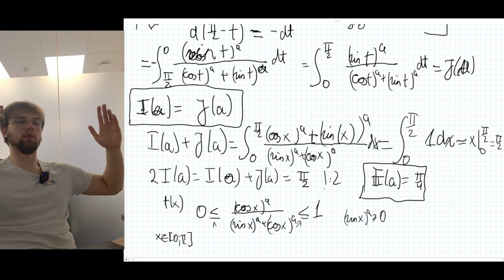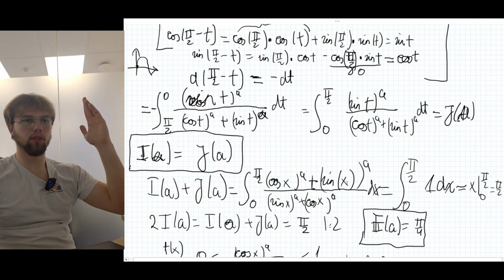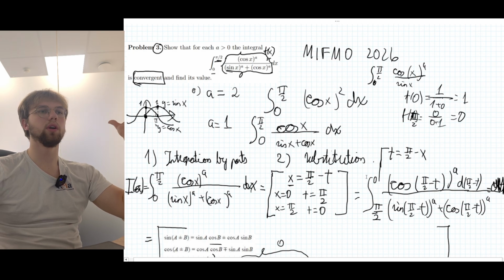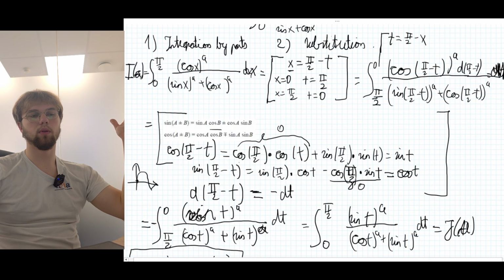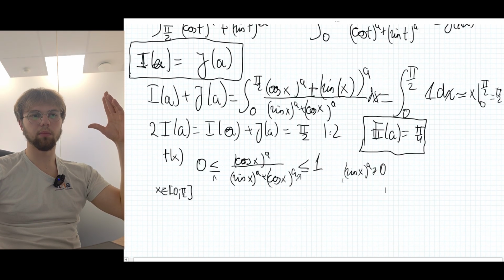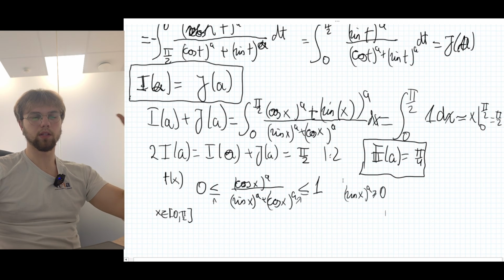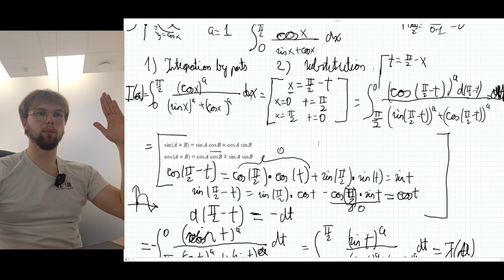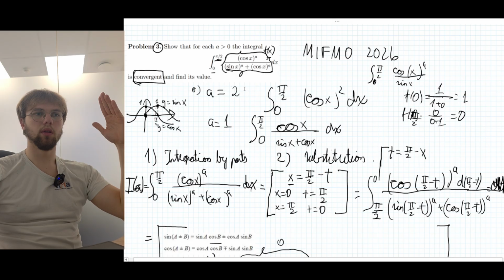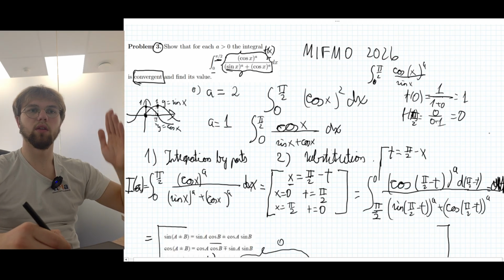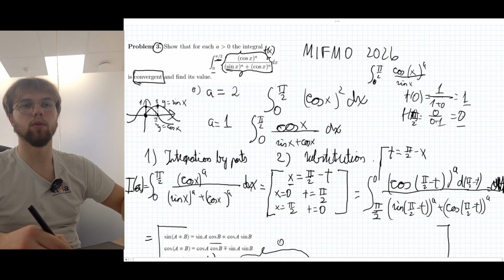So this is just basically how you come to the solution. But if you wrote an official solution, how would you start? You would first claim, let's prove that the integral is convergent. How do we do that? Well, we say that at the boundaries of the integral, the function is finite, right? This is 1 or 0, 0 or 1.